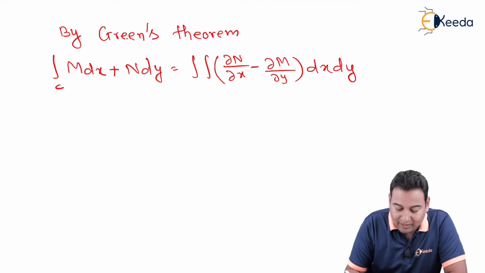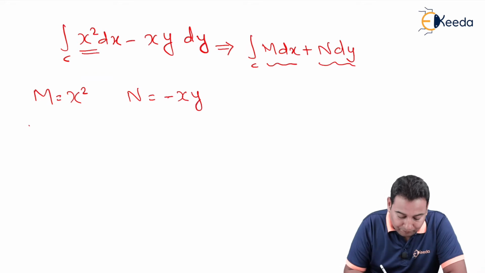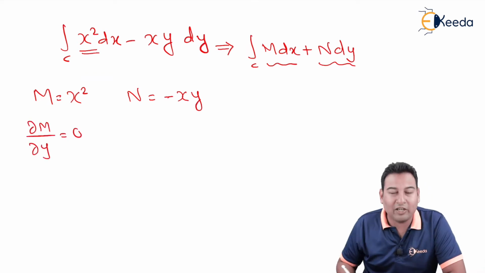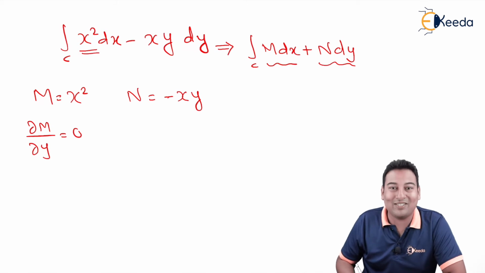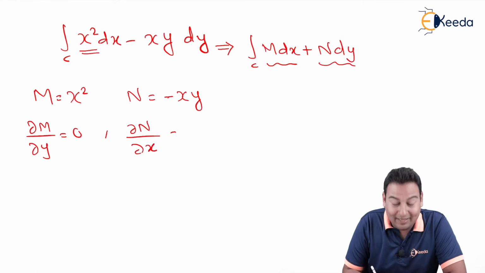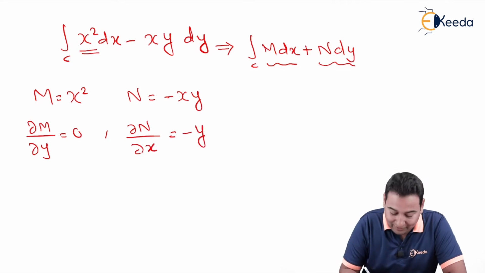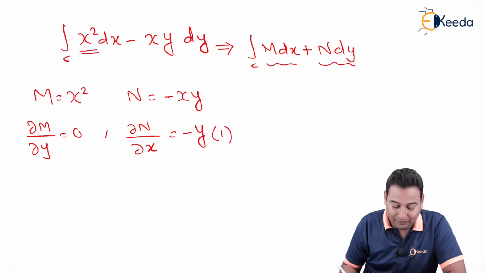That means I need to find dou N by dou x and dou M by dou y. Dou M upon dou y is 0, because with respect to y, x is constant, derivative is 0. Dou N upon dou x: here minus y is constant, x derivative is 1.